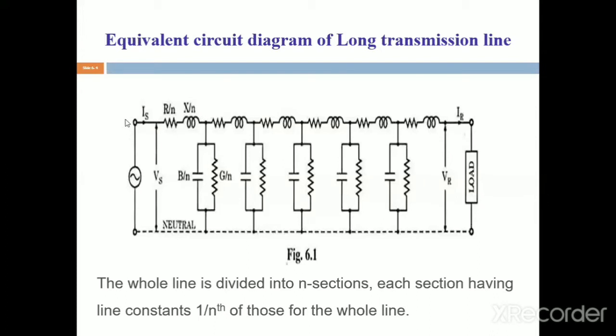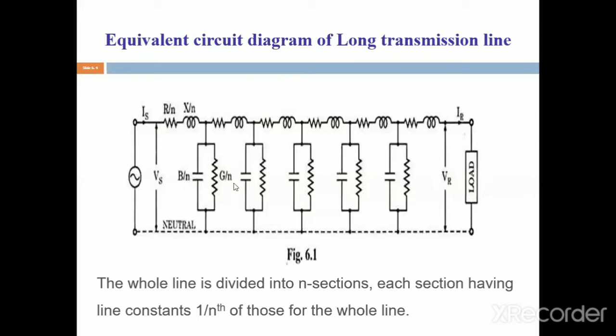Okay, this is the sending end side and this is the receiving end side. On the sending end side we are connecting the generating station and on the receiving end side we are connecting the load end. In between the sending end and receiving end we are having the uniformly distributed parameters for resistance, inductive reactance, capacitance and conductance.